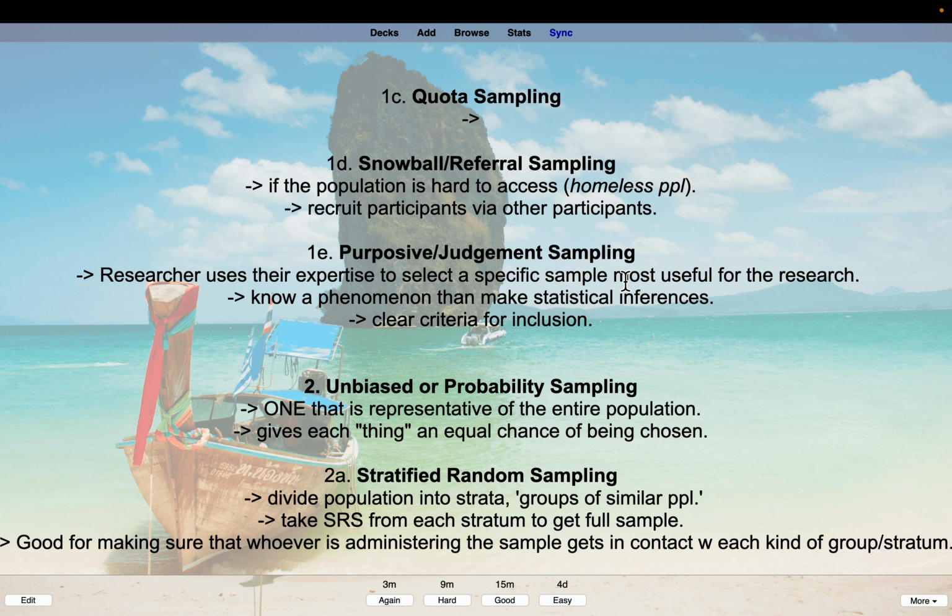So what you think is most useful for the research, of course, you back that up with data and information to make it reasonable. In this kind of sampling, you intend to know a phenomenon rather than to make statistical inferences. So there is a clear criteria for inclusion.